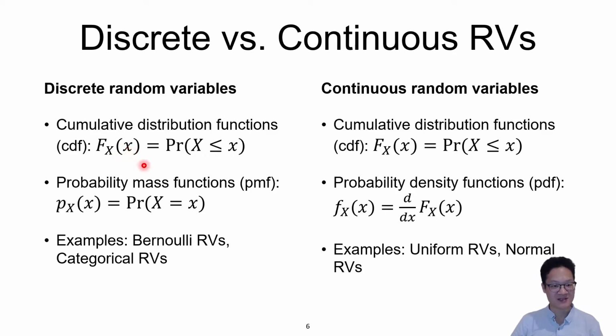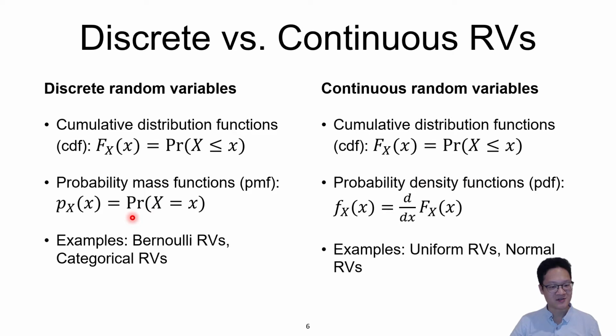Then we have the argument x, which represents the probability that the random variable capital X is less than or equal to this argument. On the continuous random variable side, the definition is exactly the same.